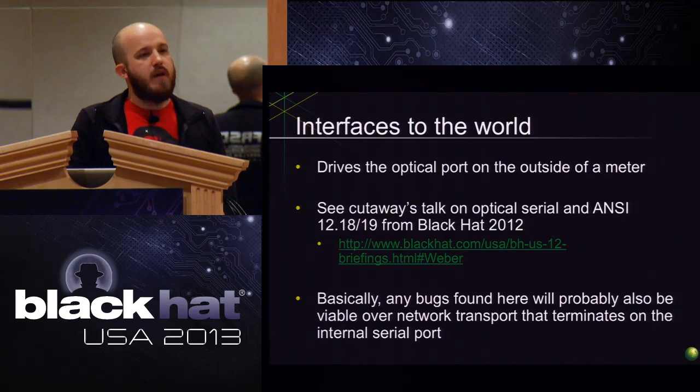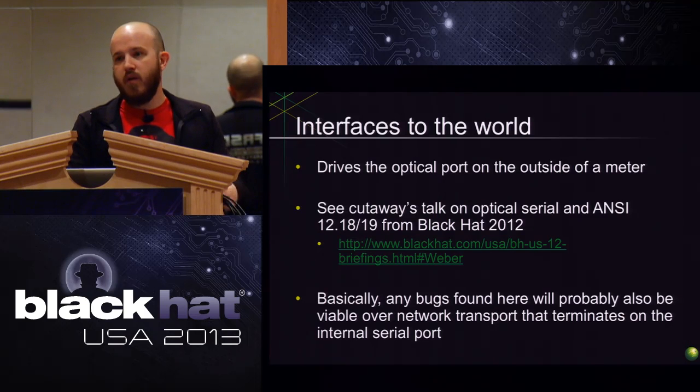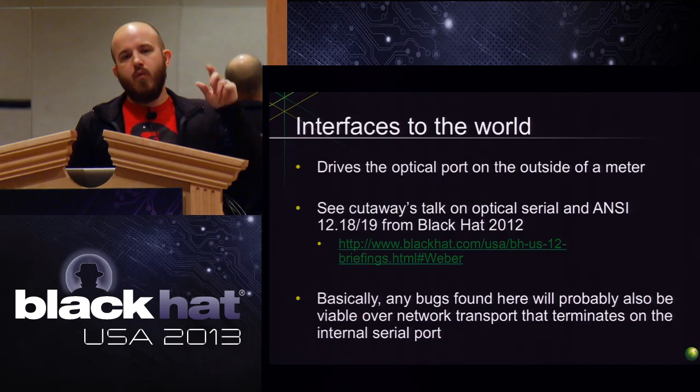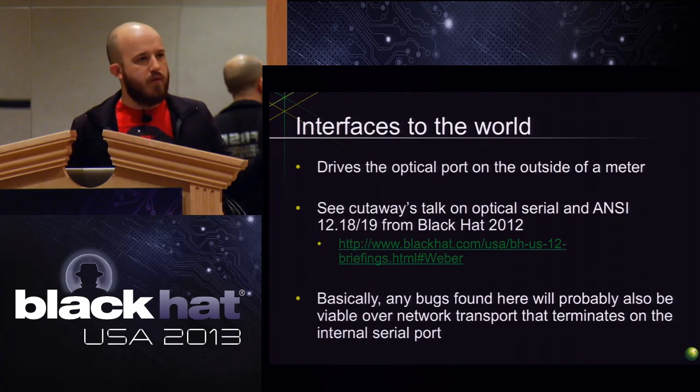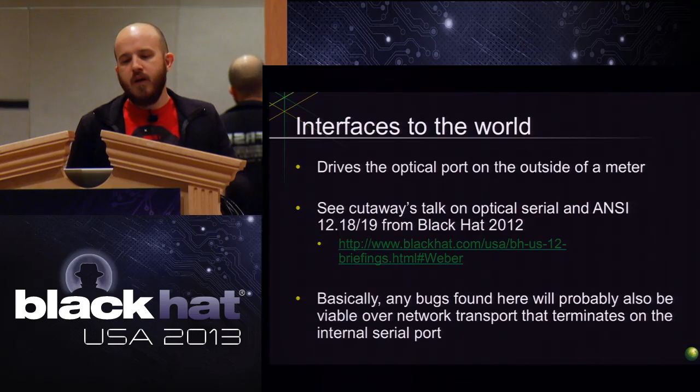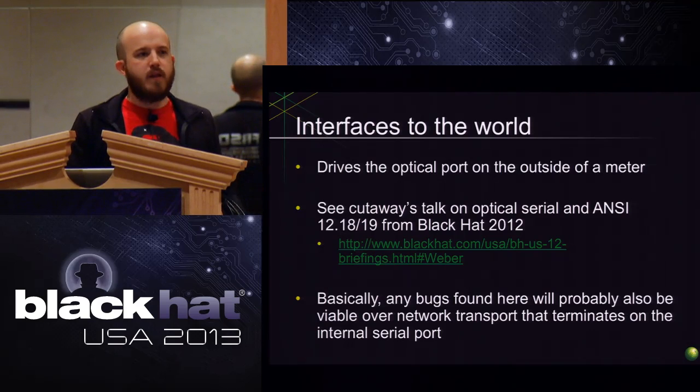They're using either the same or a very similar ANSI standard on both ports. So whatever you're able to find on the outside via Cutaway's tool, for example, something very similar would likely be also triggerable over the network side.